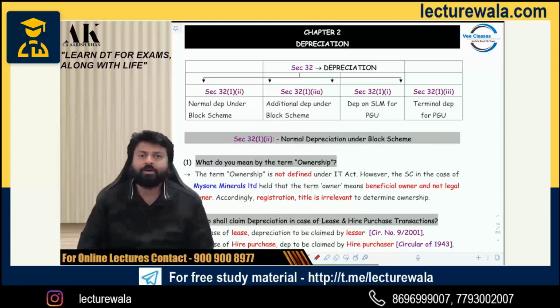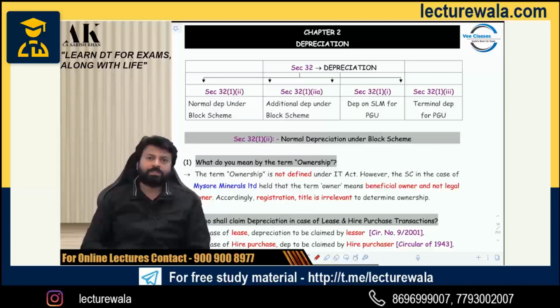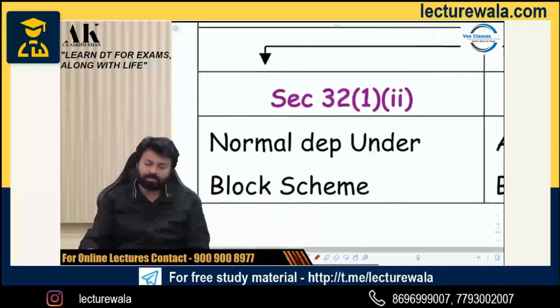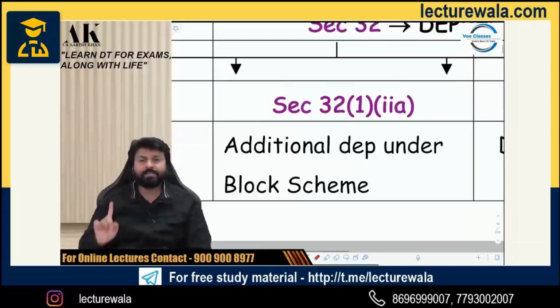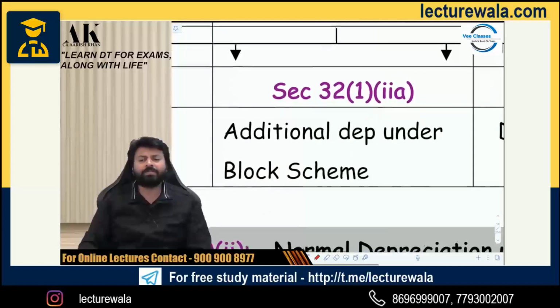The first thing that we all need to know is the types of depreciation. There are 4 types of depreciation under income tax law. First is the normal depreciation under the block scheme, which is covered in section 32(1)(ii). Second, additional depreciation under the block scheme, covered under section 32(1)(iia).